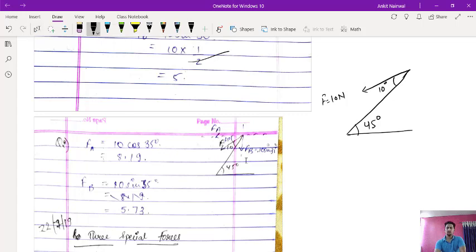Now you have to calculate the rectangular components of this force. How will you calculate? Simply, first of all, you will make a Cartesian system here.